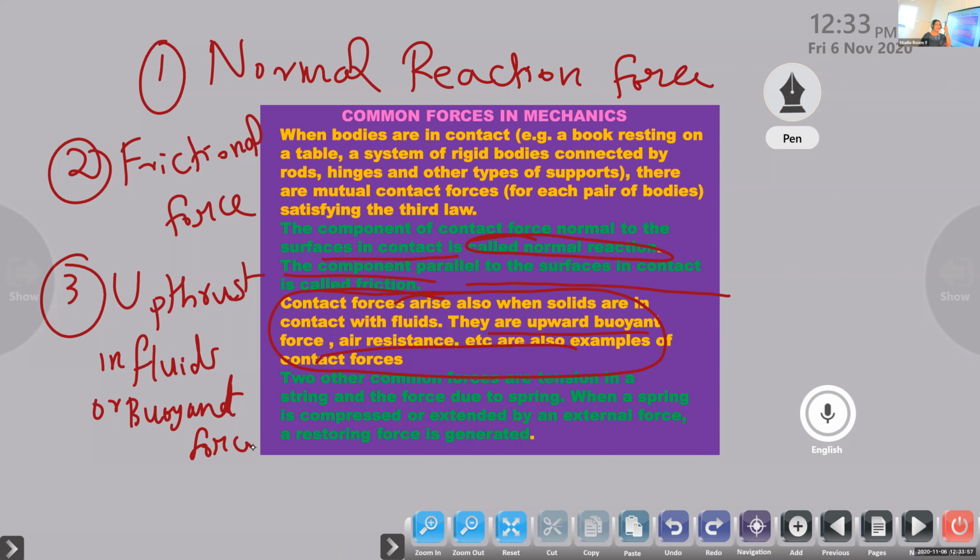If you suspend a book or a cardboard in the air, one of the concurrent forces acting is upthrust, or in air we call it air resistance, viscous drag, drag force. These are the different names of upthrust in air.